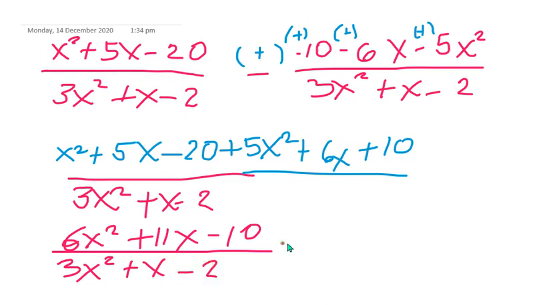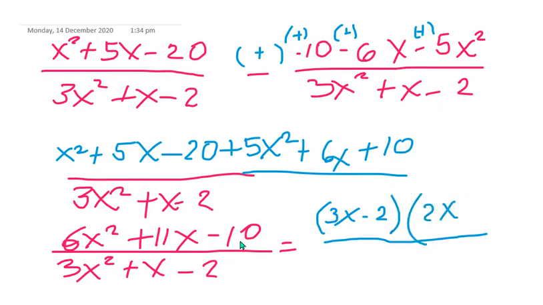Okay? Now, since we can simplify, we can factor this. So, the factored form of 6x squared plus 11x minus 10 is 3x minus 2, then 2x plus 5. And this one, we can also factor: 3x, then x.